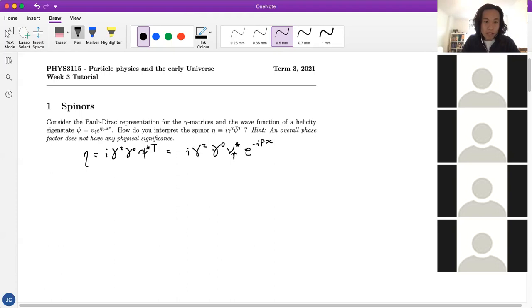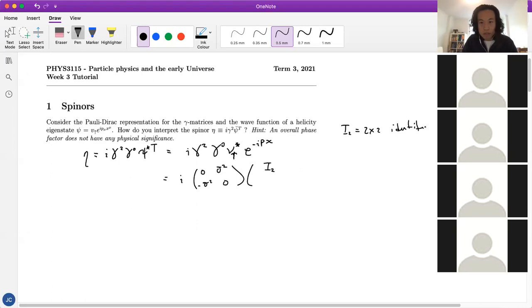Now we'll write down gamma 2 and gamma naught in the Dirac representation, with the Pauli matrices. So this equals i times gamma 2, which is 0, sigma 2, and then minus sigma 2, 0. And then gamma naught will be the identity matrix, where I2 just means the 2 by 2 identity matrix, and 0, 0, minus I2.